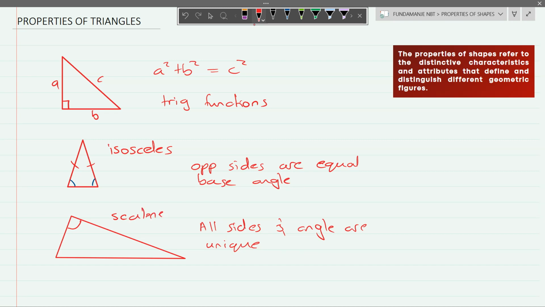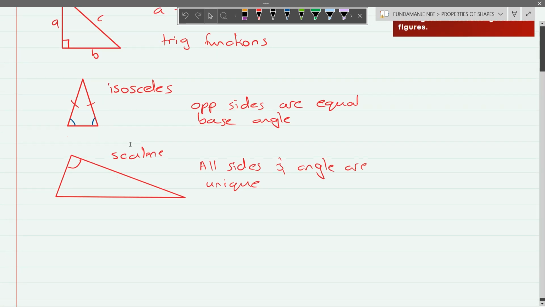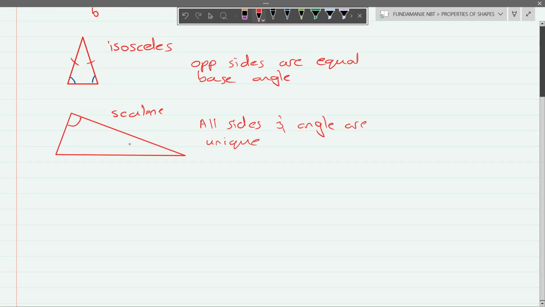Then from this we have another triangle called the equilateral triangle. This is where all three sides are the same and all angles are equal. Equilateral.